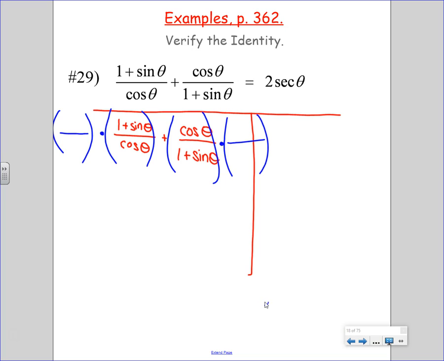Good idea though. Because of the addition, since the denominators do not match, I'm multiplied by each other. Good job, Brian.